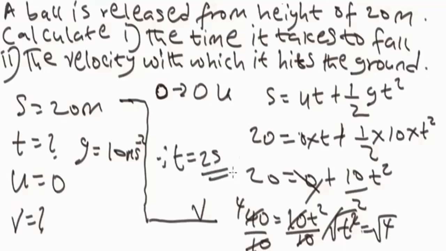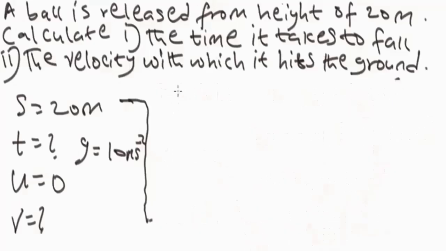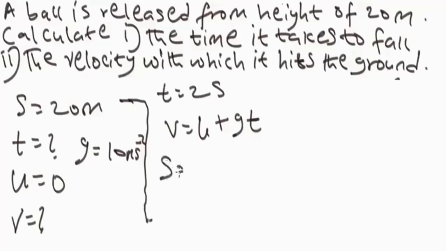Now, let's wipe this and solve for the second part, the velocity with which it hits the ground. We now know our t is 2 seconds. Now to get v, the final velocity, we can either use v equals u plus gt, or you can use x equals (v plus u) over 2 times time.